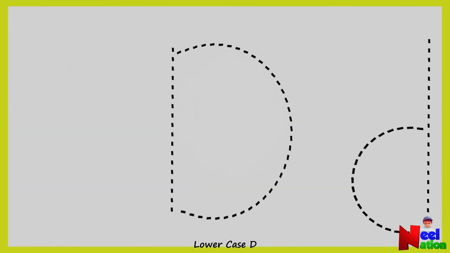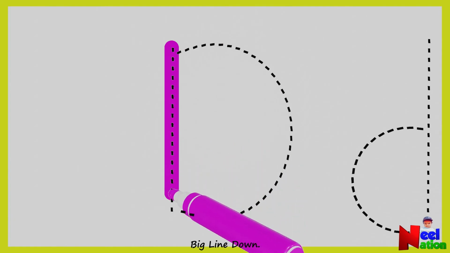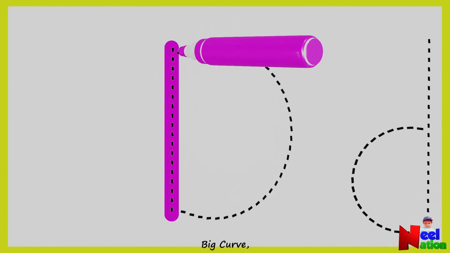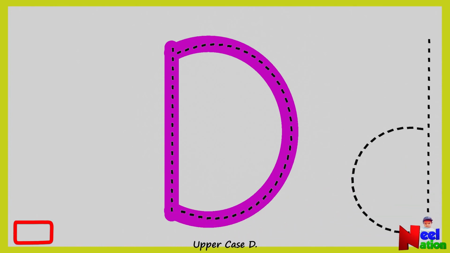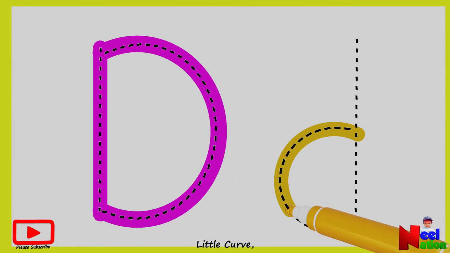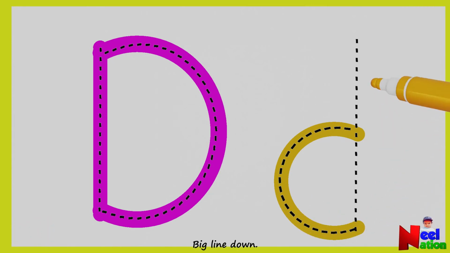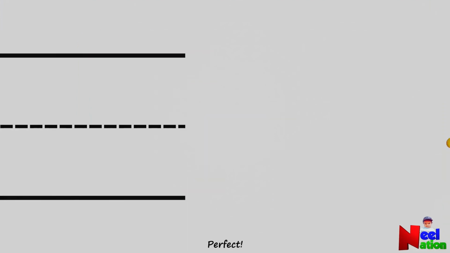Lowercase d. Great job. Big line down. Big curve. Uppercase D. Little curve. Big line down. Lowercase d. Perfect.